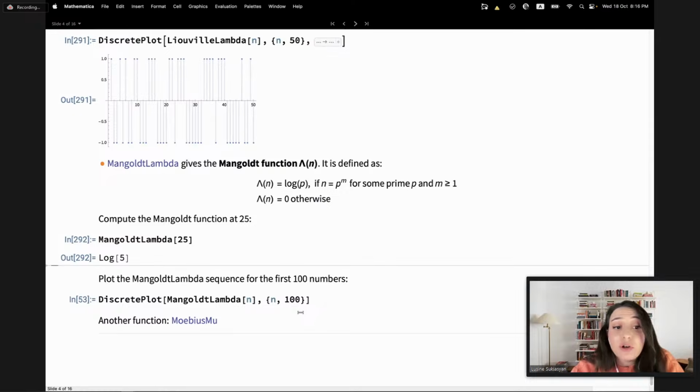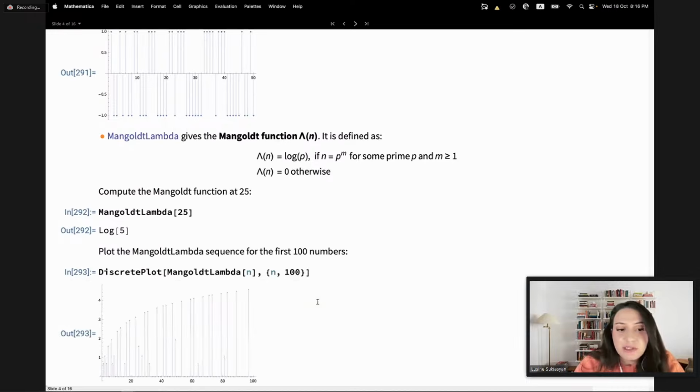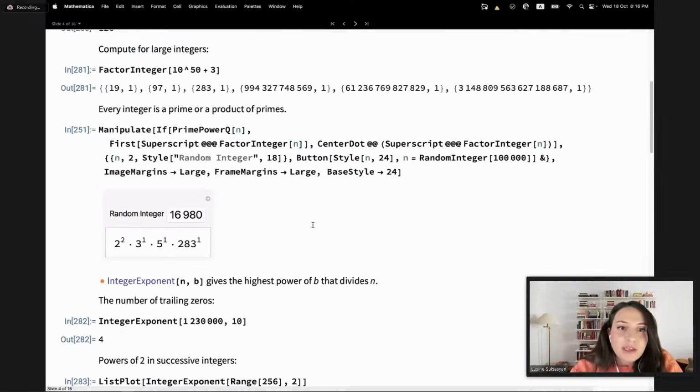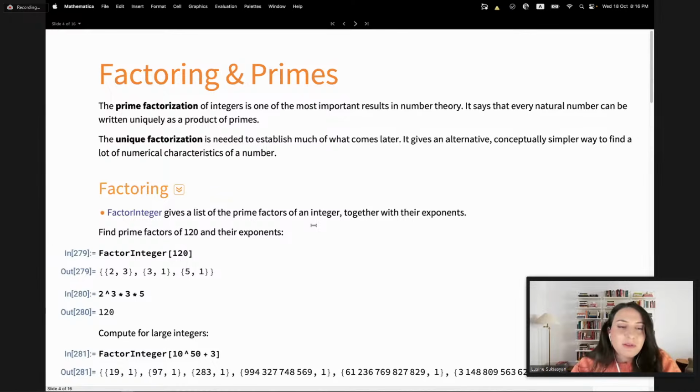And we can also plot the Mangoldt lambda sequence for the first 100 numbers by just doing DiscretePlot of MangoldtLambda[n], n up to 100. So another function is MoebiusMu, which we will talk about later. So yeah, these were the most important, the basic functions in this category, factoring and primes.